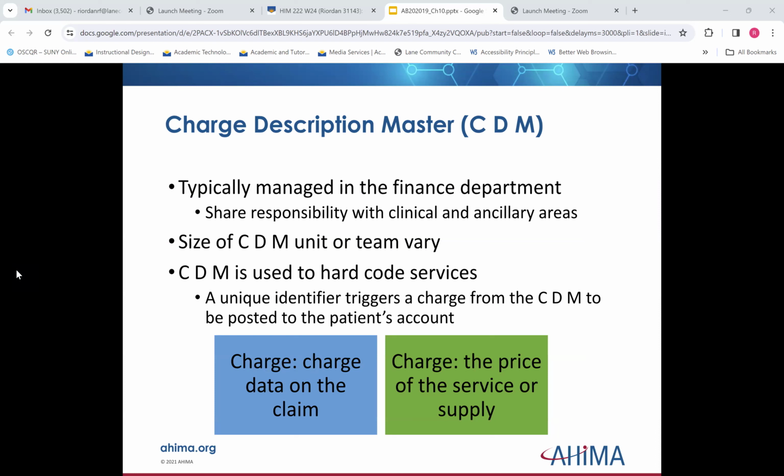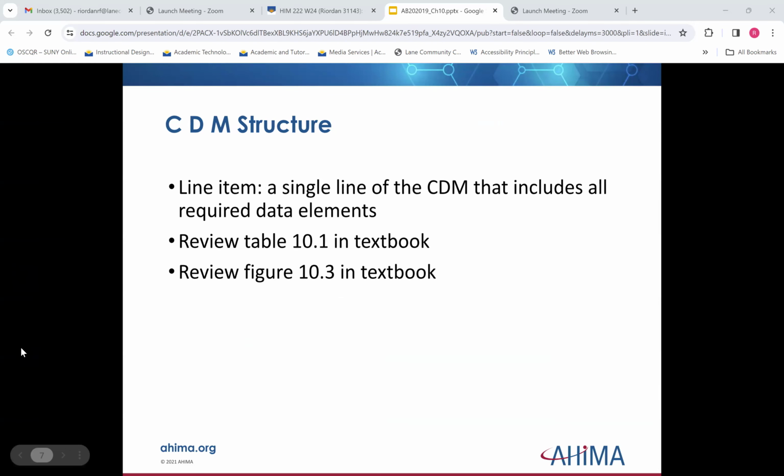And the way the charge description master is used is we hard code these certain services, these procedure codes, lab codes, what have you, to a fee. And as a result, we need to have a close working relationship between health information management and the people that are over the charge description master.